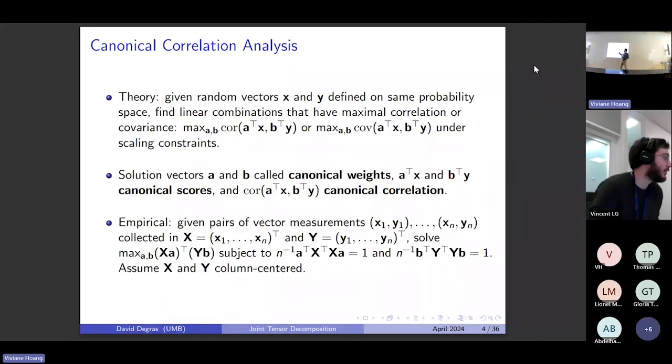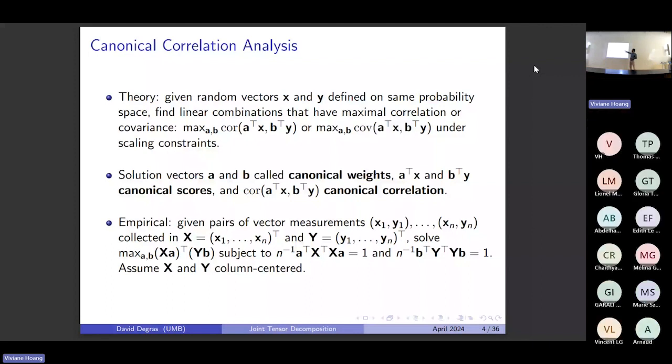The vectors that define the linear combinations, here A and B in my example, are called canonical weights. I might sometimes call them factor loadings, because it has to do with factor analysis, so we'll use either expression. The newly defined variables are called canonical scores, canonical variates, and the correlation that you're trying to maximize is called the canonical correlation.